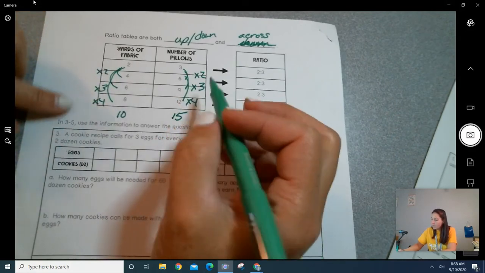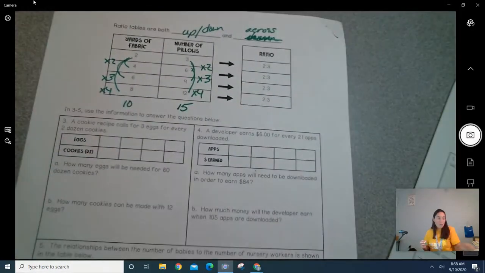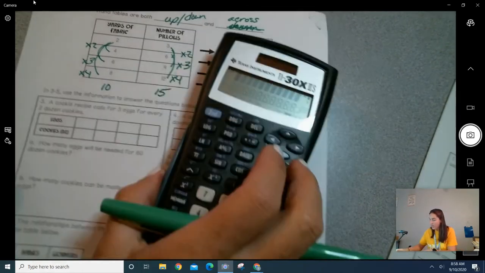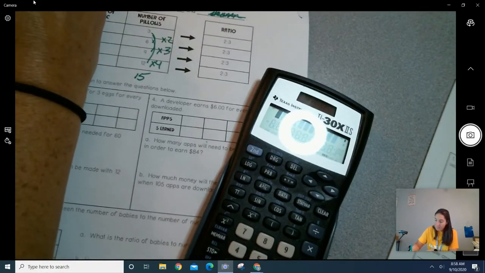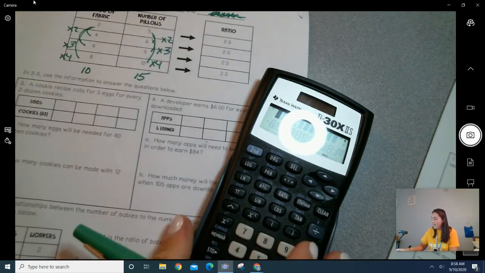We can also go across, and we go across by finding the ratio factor. You can find the ratio factor by dividing.